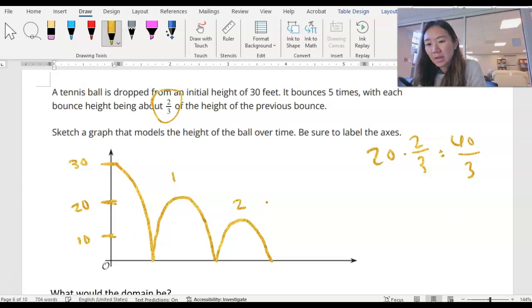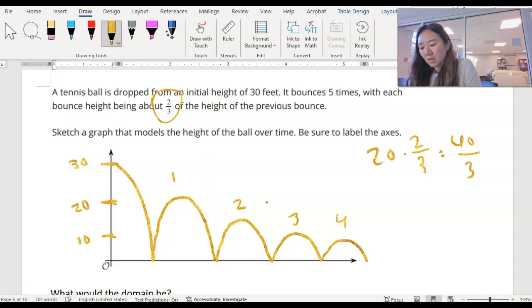So times 2 divided by 3 will give us 8.88, so just under the 10. And then 5.9, so about 6-ish, right? 3, 4, we're going to do one more bounce. And it's going to be 3.9, so you don't have to be super exact.